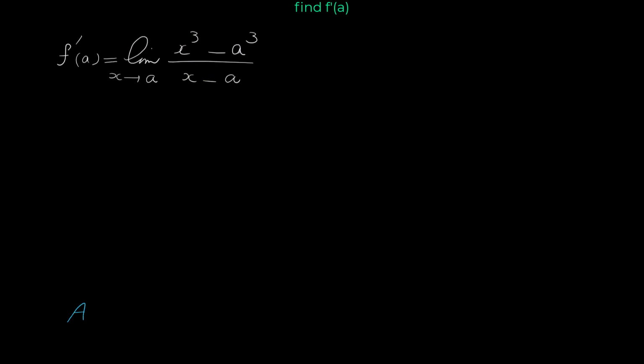The difference of cubes identity is this. A to the 3 minus b to the 3 can be factored in this way: a minus b times a to the 2 plus ab plus b to the 2.